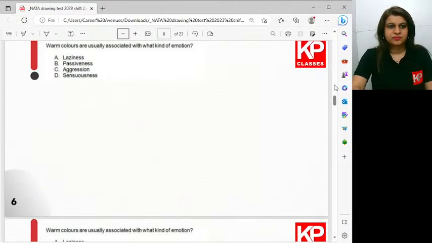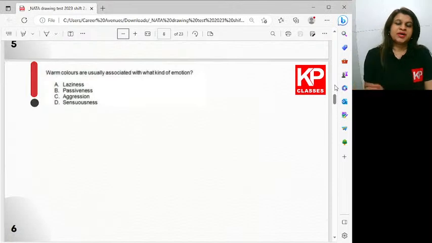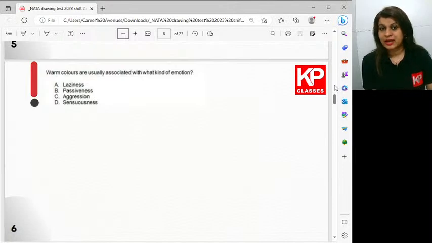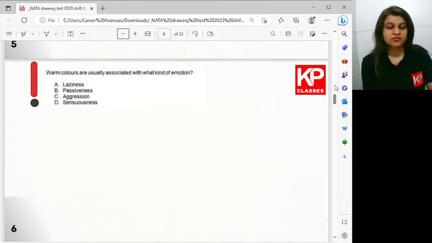Next is, warm colors are usually associated with what kind of emotion, right? So as we know, when we are looking at the color wheel, and also at this point, I would like to repeat it to our viewers that you should be absolutely properly aware about the placements of colors in the color wheel, right?